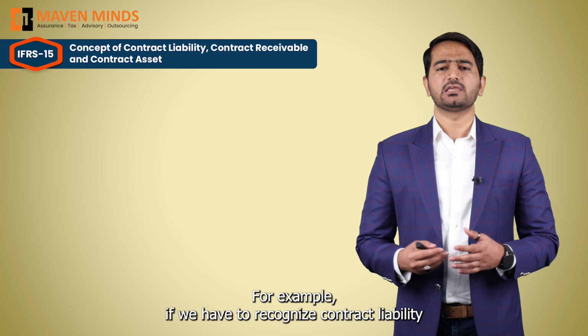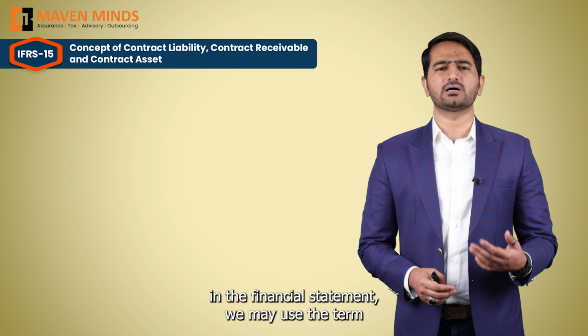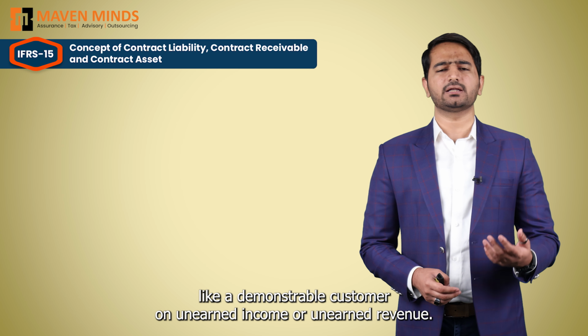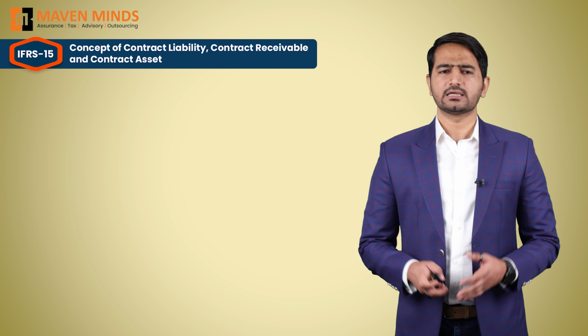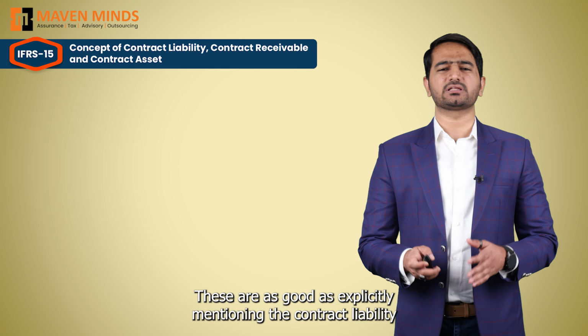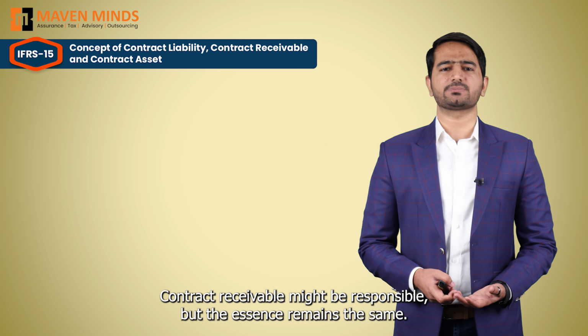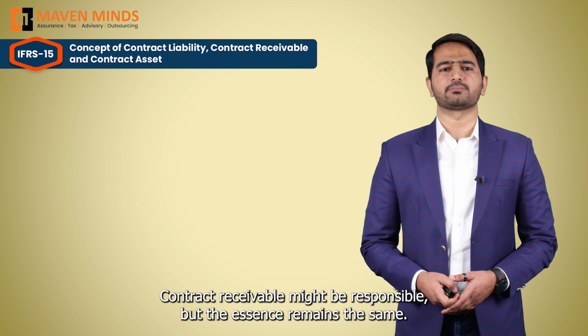For example, if we have to recognize contract liability in the financial statement, we may use a term like advance from customer, unearned income or unearned revenue. These are as good as explicitly mentioning the contract liability. In the financial statements, we can use nomenclatures that effectively communicate information to the stakeholders. Contract receivable might appear as trade receivable, but the essence remains the same.